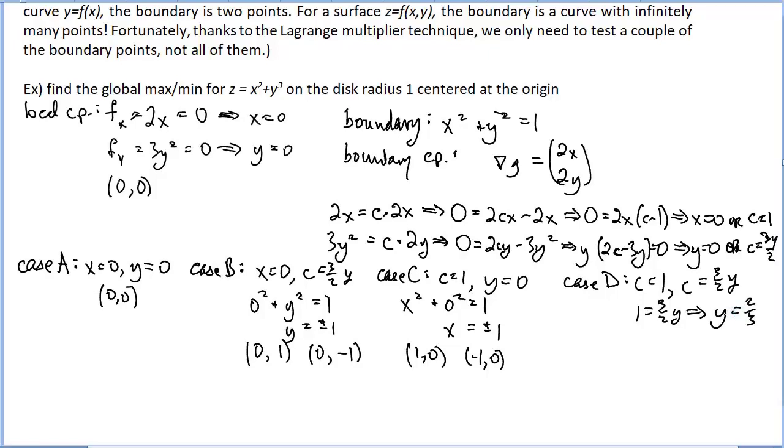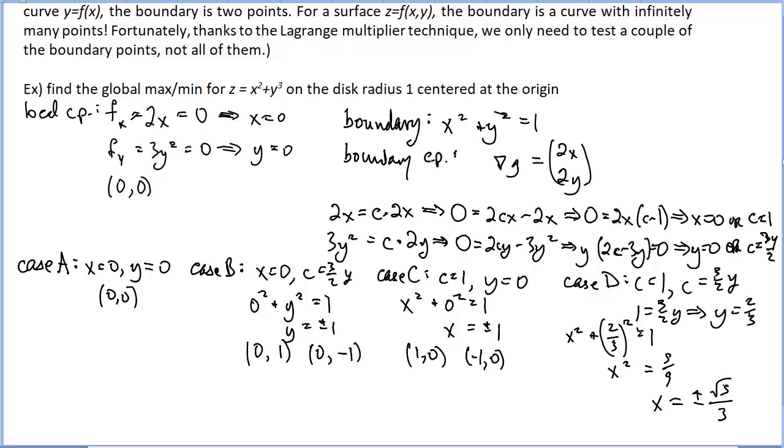And once again, plug it into the boundary equation. x squared plus 2/3 squared equals 1. That gives us x squared equals, well, that'll be 5/9. So therefore x equals plus or minus, taking the square root, we'll get rad 5 over the square root of 9, which is just 3.